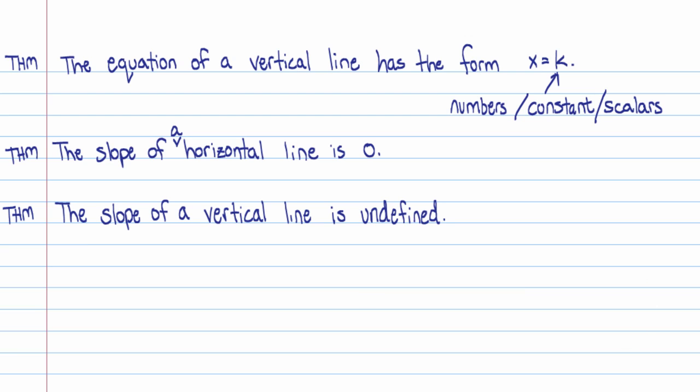So for all intents and purposes, we are actually done with our discussion on horizontal and vertical lines, but I'm going to have this little addendum here where I'm going to convince you as to the reason why we consider the slope of a vertical line to be undefined. Now remember the fraction we had before, this fraction we said is just undefined. The reason why we call that undefined is because, well, what if we started with not the number 0 on the denominator, but something close enough to it?